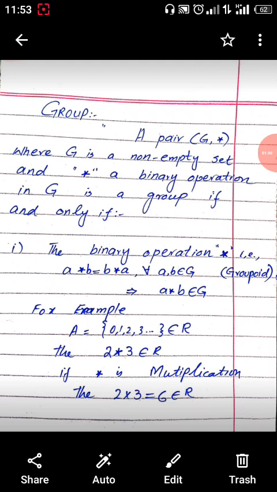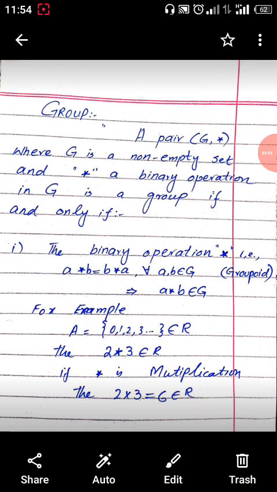It means that if we take a non-empty set and take any two elements of that set and operate by the given operator, and the answer also belongs to that set, then it is closed. For example, take a set A = {0, 1, 2, 3} belonging to the real numbers, and take any two elements, 2 and 3, and operate by the given operator.